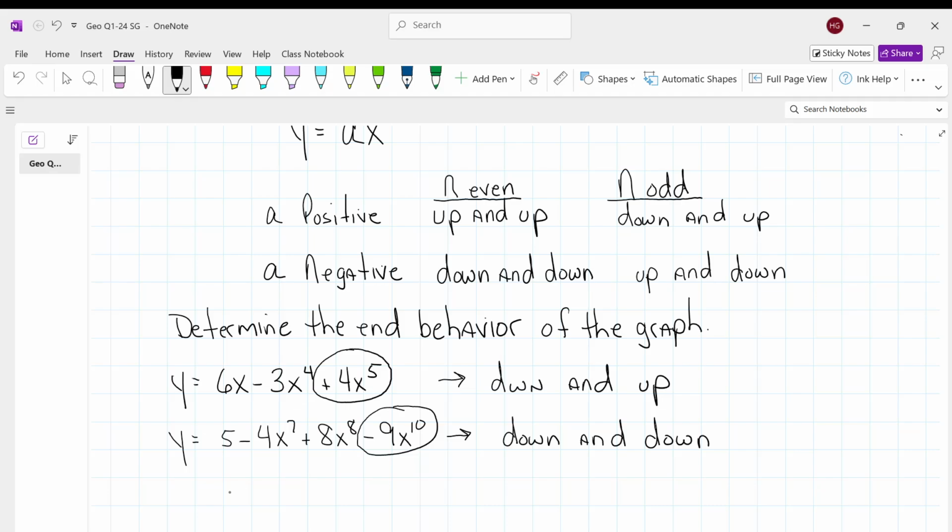So let's do one more. Let's do y is equal to 6x to the third minus 2x squared plus x minus 5. All right, this happens to be in standard form.